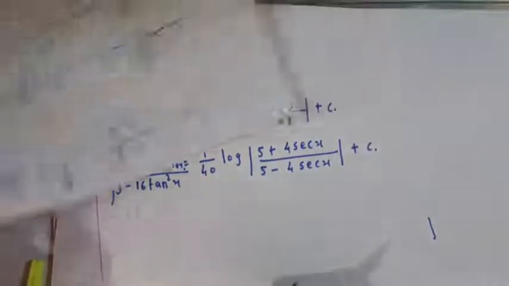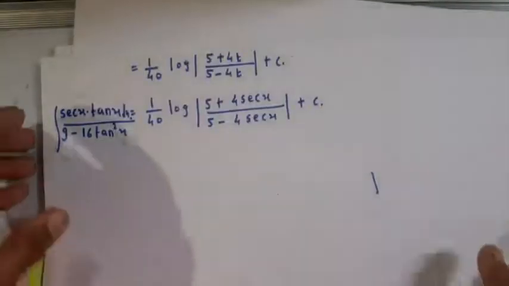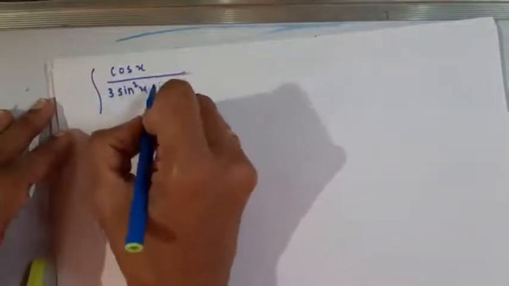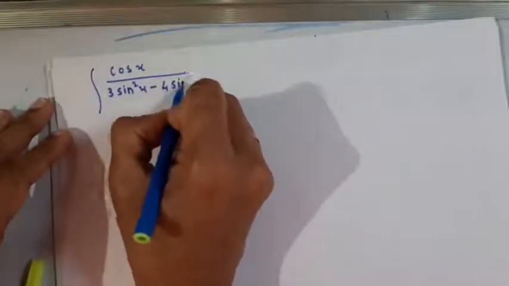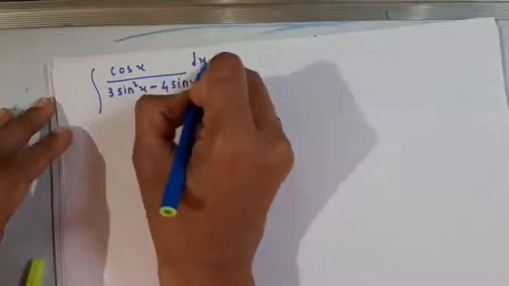Okay, now the next problem is to evaluate the integration of cos x upon 3 sin square x minus 4 sin x plus 1 with respect to x.